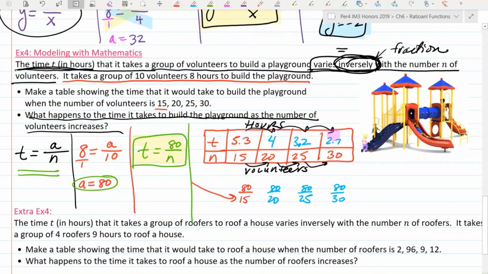And that shouldn't be surprising to you. So basically, as the volunteers increase, the time it takes decreases. And that's the definition of inverse variation. Okay?